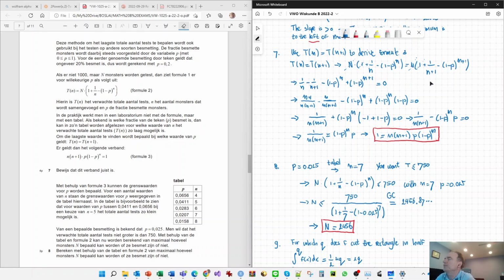And you can bring the whole thing to the left here. And then you get 1 over n minus 1 over n plus 1 minus 1 minus p to the power n plus 1 minus 1 minus p to the power n.